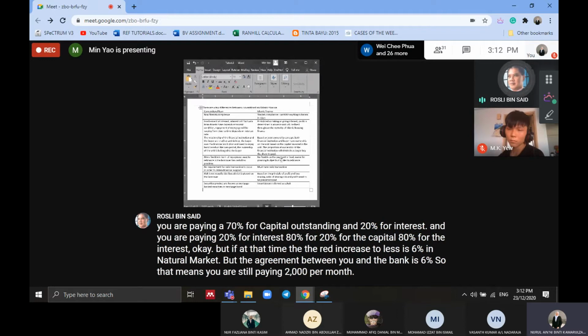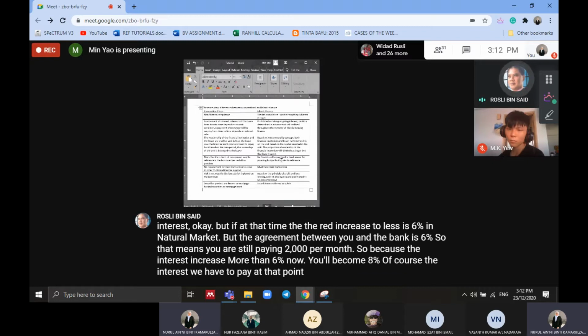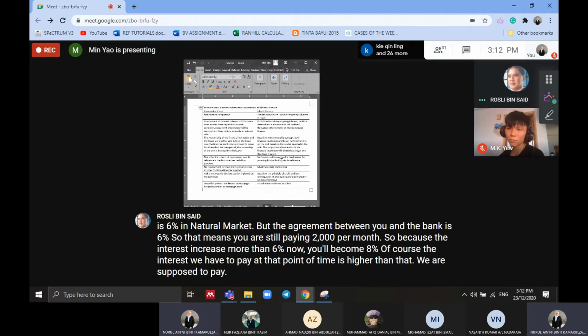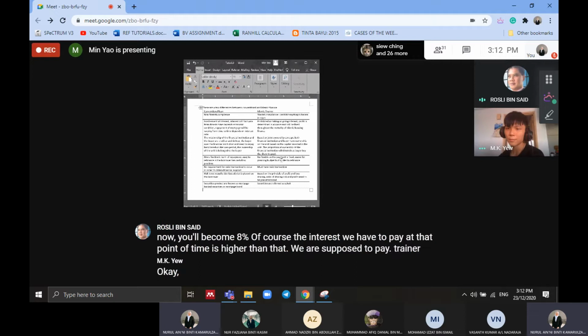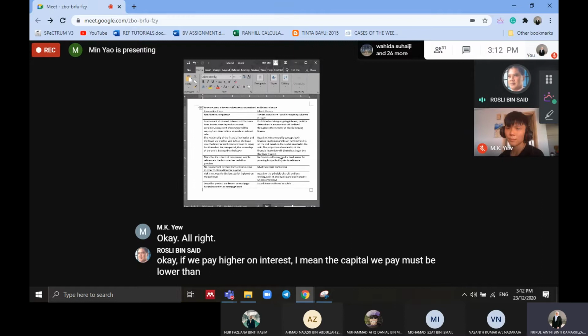Because the interest increased to more than 6%, now it becomes 8%. Of course, the interest we have to pay at that point of time is higher than we are supposed to pay. Clear or not? If we pay higher on interest, that means the capital we pay must be lower than the actual amount, because we are still paying 2,000.